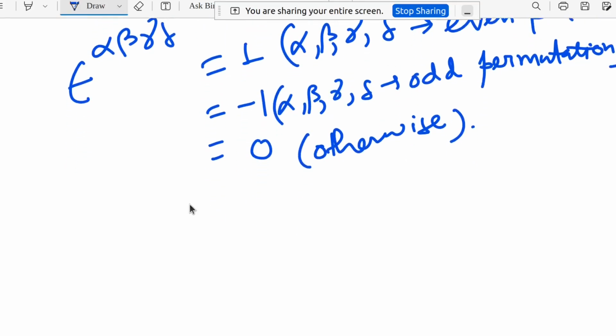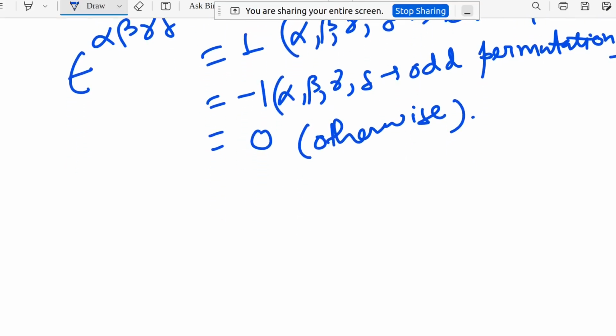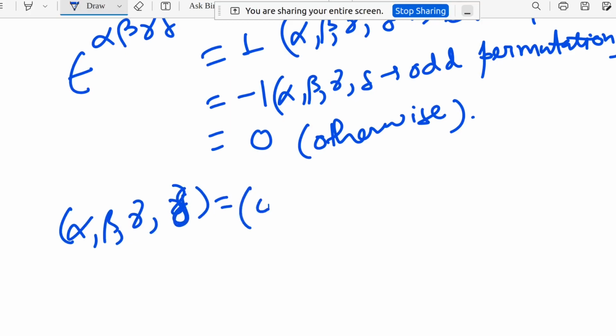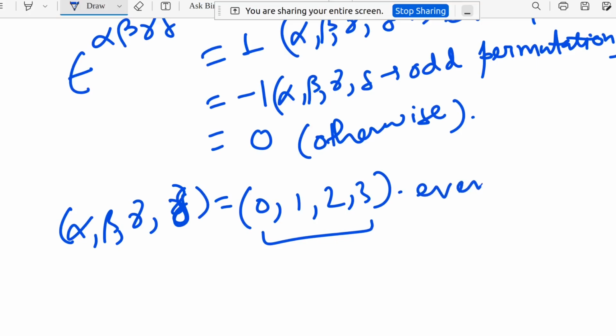Now coming to even permutation and odd permutation. What is an even and odd permutation? Let me write here alpha beta gamma delta as 0, 1, 2, 3. If it is like that, that is obviously an even permutation.